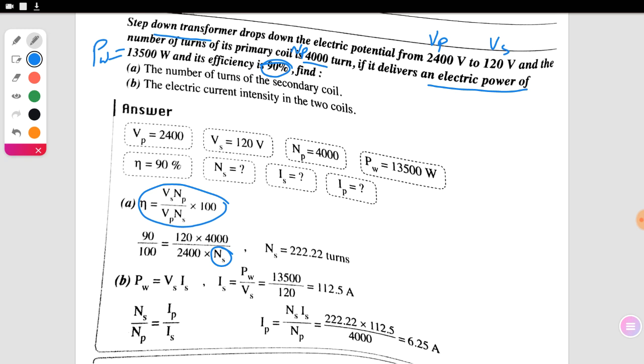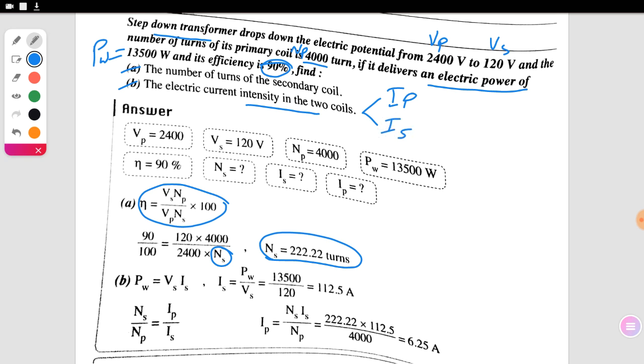From this rule, we can determine the number of turns of the secondary coil. This is the first unknown. The second unknown is the electric current intensity in the two coils, meaning the I primary and the I secondary.